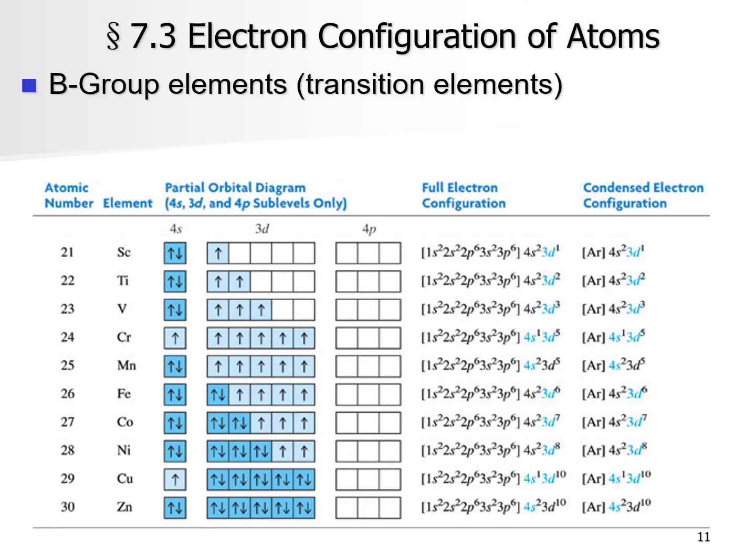But starting with the number 21 element, scandium, things are going to become quite interesting. The electron will actually occupy the 3d subshell, not the 4p subshell.